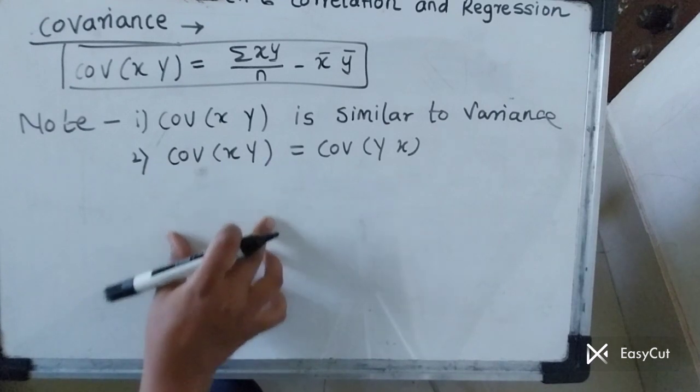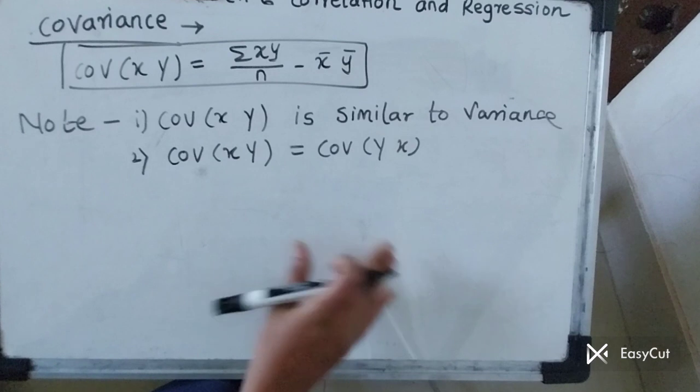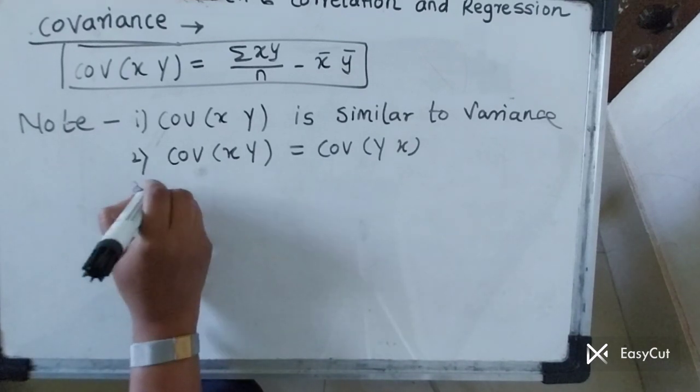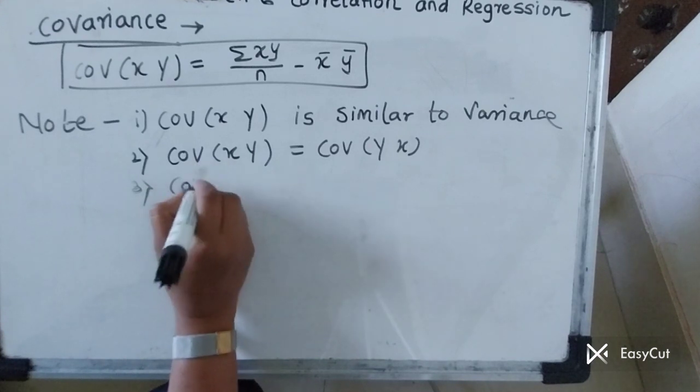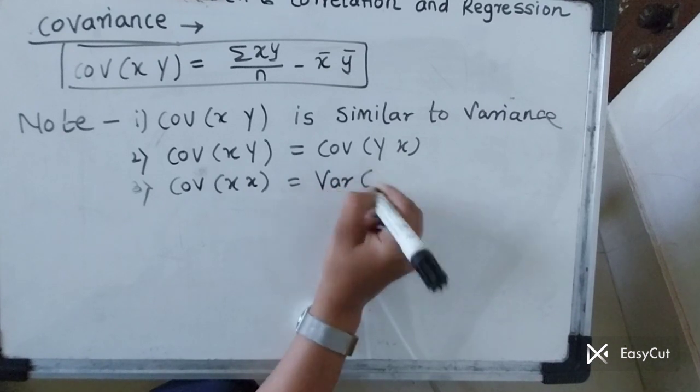If I find the covariance of xy and then covariance of yx, they are equal. Third, covariance of xx is the variance of x.